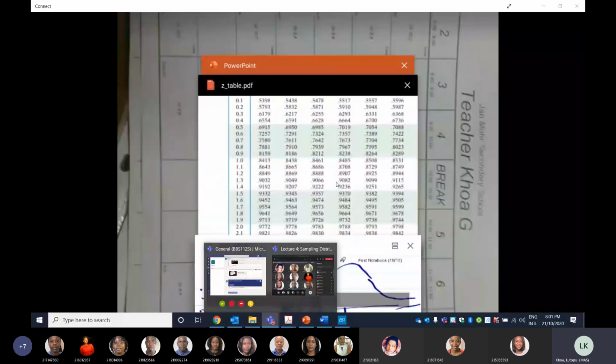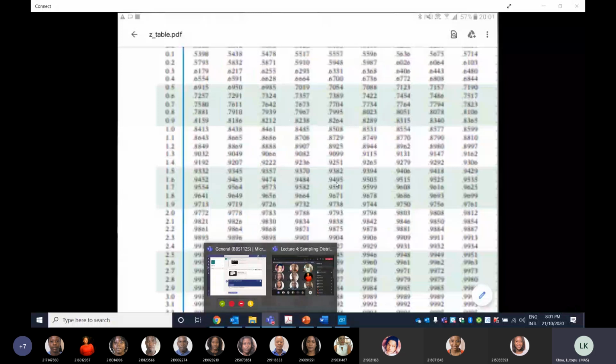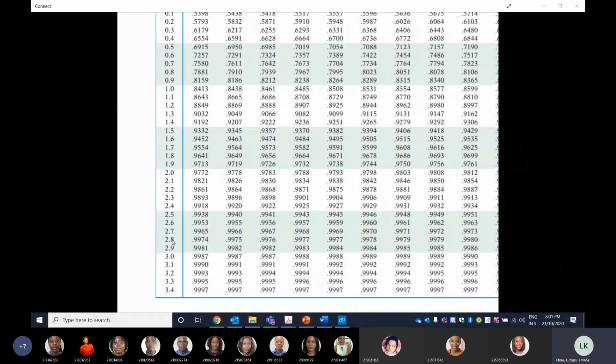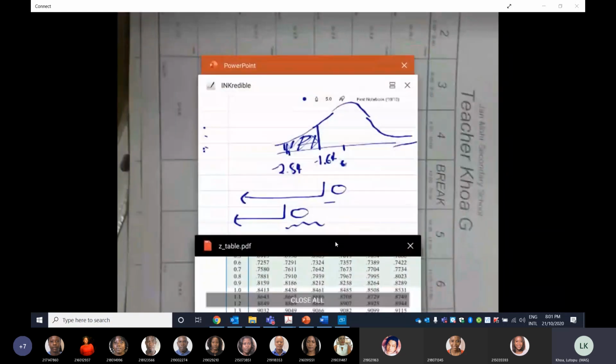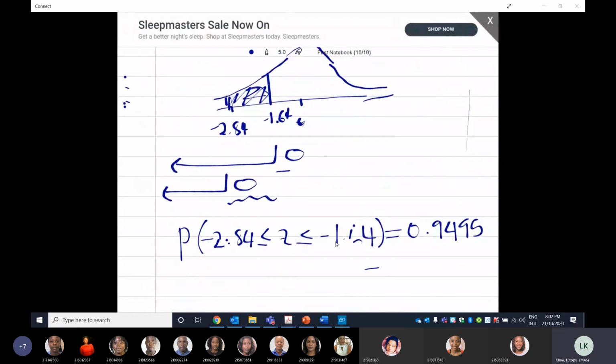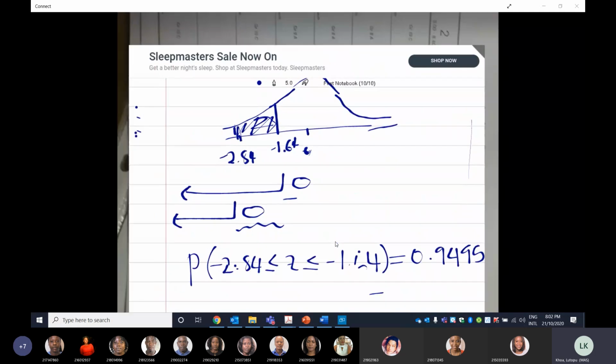So we go back to our table. We look for 2.84. Again, we start in the Z column. So 2.8 is over here. So if 2.80, okay, I'm not reading this correctly. 1, 2, 3, 4. So here I'm getting 0.9977. So it's subtract the smaller one from the bigger one, not the way I've done it here.